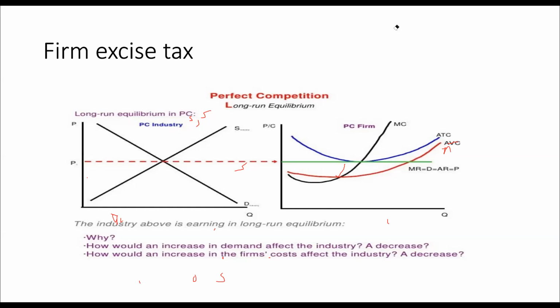Like here in the long run, where MC crosses demand, that is allocatively efficient. We're producing where MC crosses demand. Where MC crosses ATC is productively efficient. So in the long run, perfect competition is both productively and allocatively efficient.